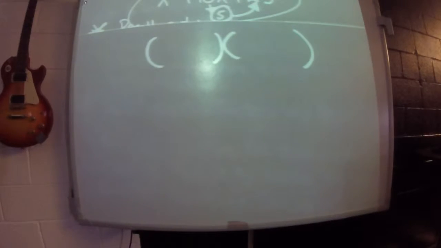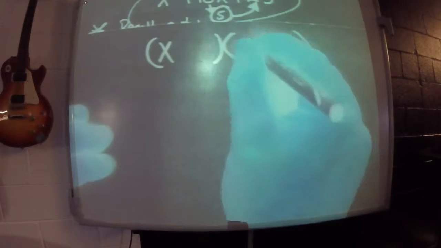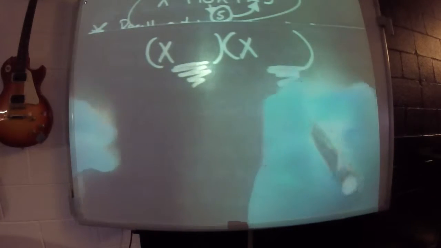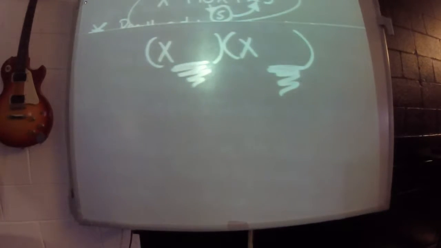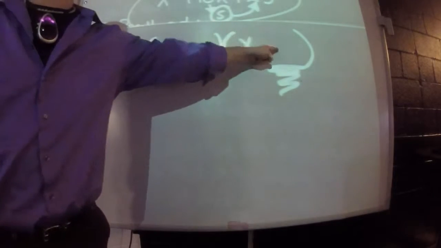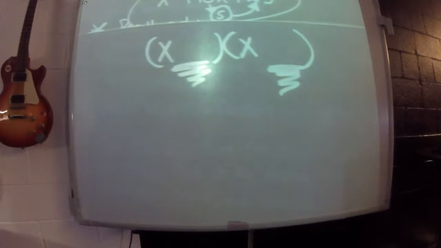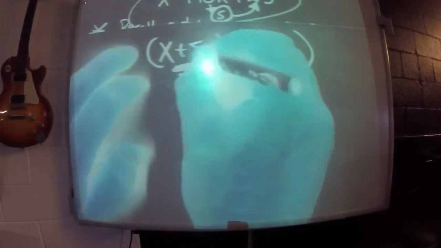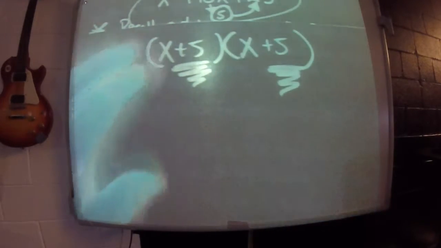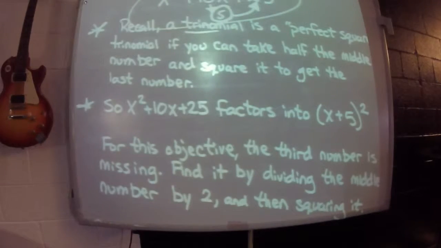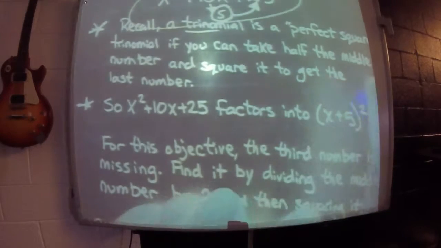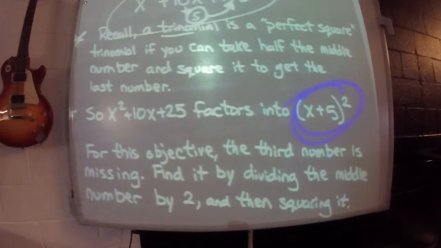Unfoil is called factoring. We put x's in here. The numbers that go here and here, if it's a perfect square trinomial, they end up being identical. They're both 5s, what I got circled right there. So it ends up being x plus 5 times x plus 5. Or, as you can see in your notes, that's the same as just saying x plus 5 squared.